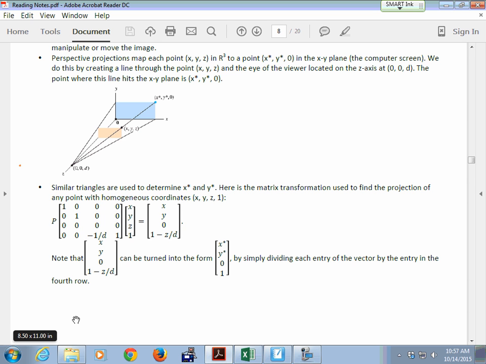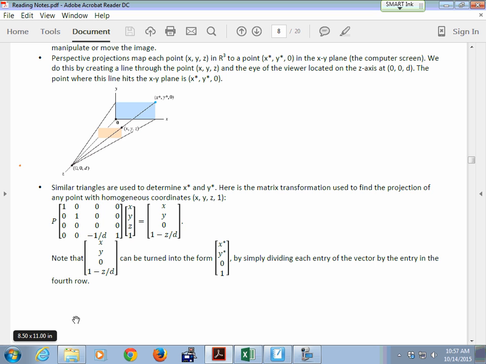You map a point from R3, some point in R3, which is a point on your 3D object, into R2, and we go x, y, z to x star, y star, 0. x star and y star are the place where your line of sight hits the computer screen.